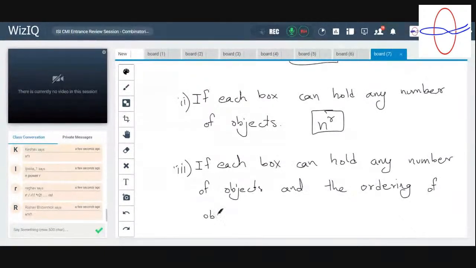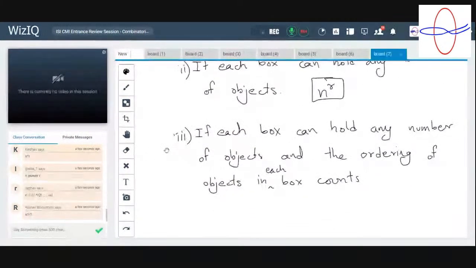So by this, I mean the way in which you put. So if a red ball goes into box 1 and then a yellow ball goes, you count that as a separate case to a yellow ball going into box 1 and then a red ball going into box 1. Okay. Ordering of objects in each box counts. Does anyone know the answer to this situation?